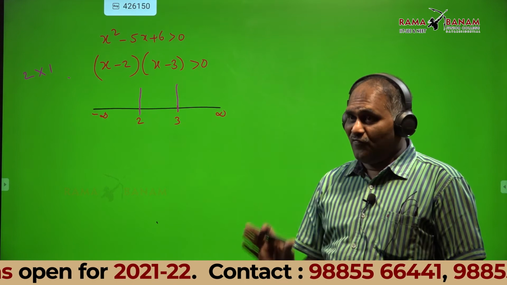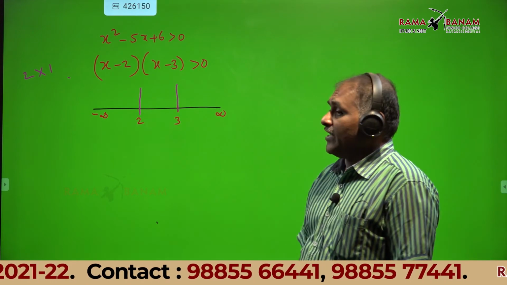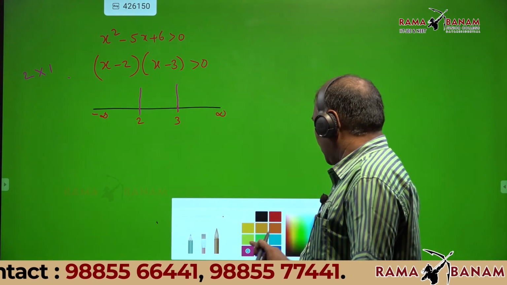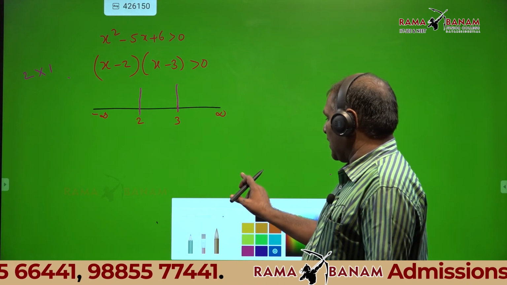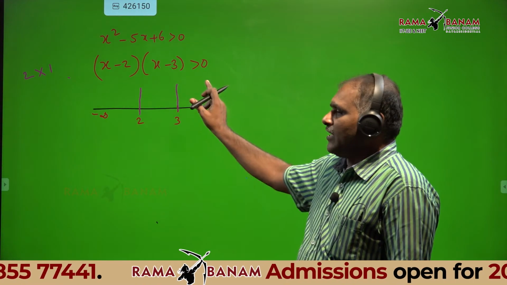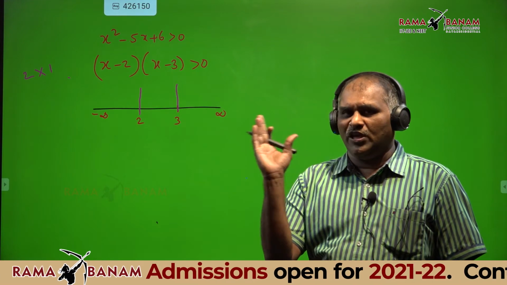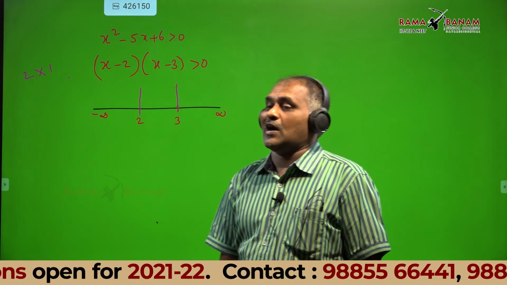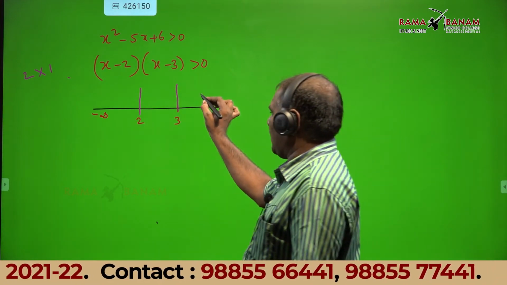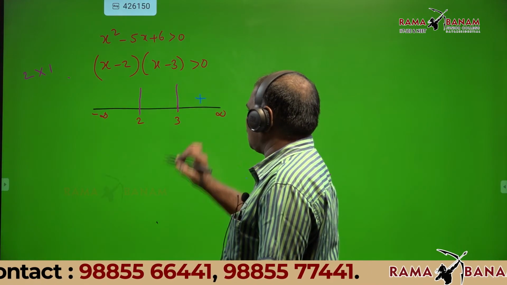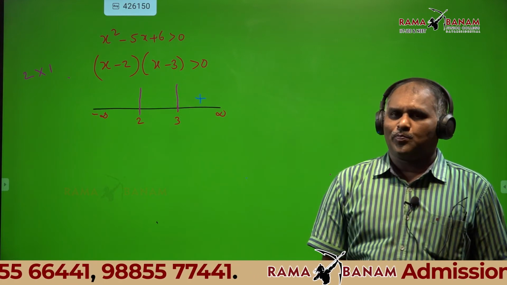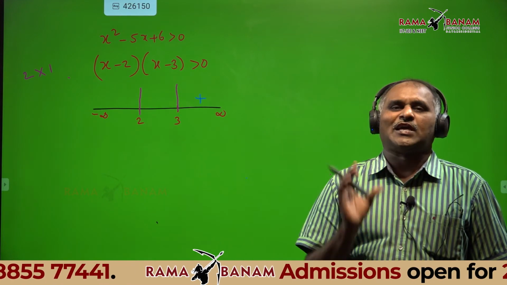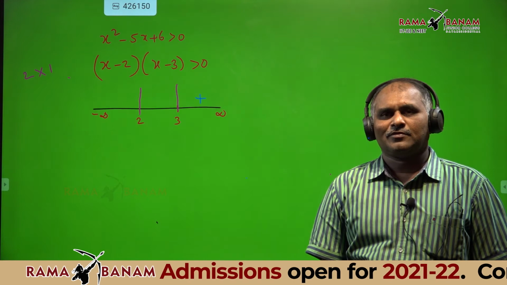Therefore, you can take any real number in between. Any real number from 3 to infinity, this whole quadratic is positive. That's why I write the positive symbol. Why do I write that positive symbol? Do you understand? Yes, sir.